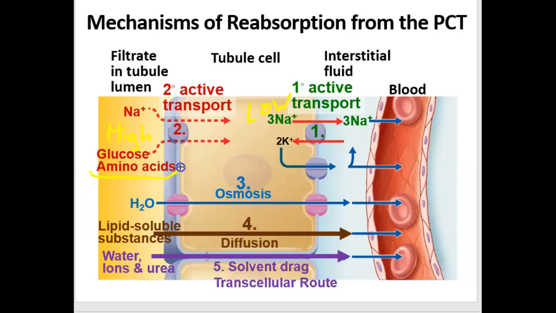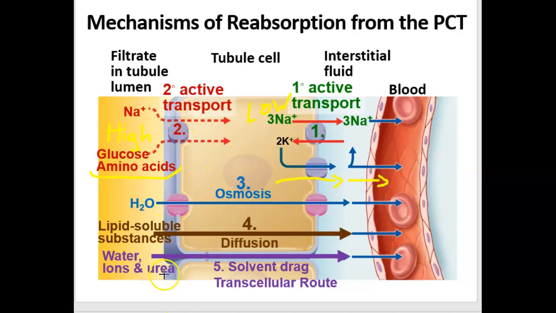So here we have glucose and amino acids that are absorbed with sodium. They enter the tubule cell, and by another transport process they're going to move out of the tubule cell, and then eventually into the blood, but we're not going to cover that.